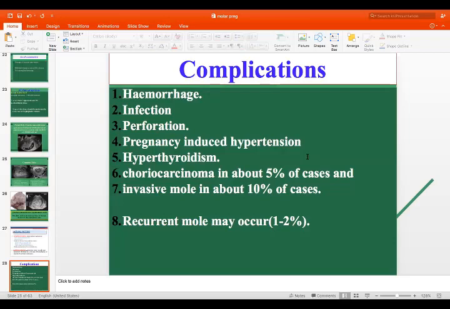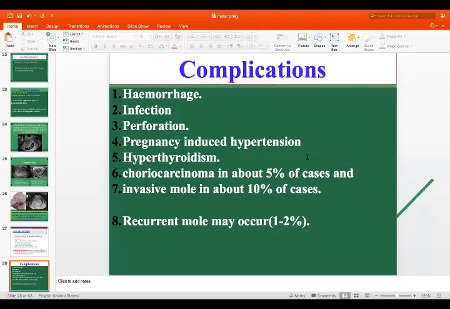Whenever there is a molar pregnancy, there are complications which may occur. First of all, excessive hemorrhage. The patient may present with excessive bleeding or infection, or perforation of the uterine wall due to invasion of the molar tissue. Or hyperthyroidism and symptoms of preeclampsia. She may have early preeclampsia before 20 weeks of gestation, and the patient will also develop hyperthyroidism.